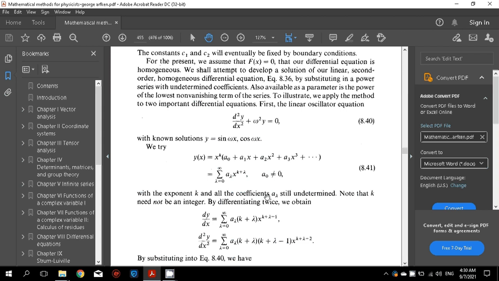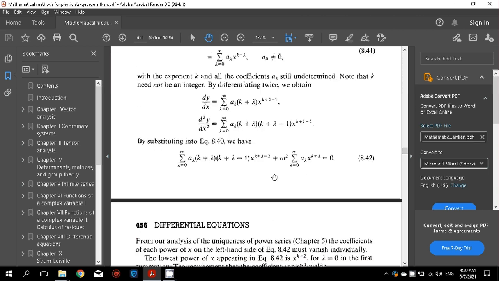As I told you, we have to substitute the value of y dash and y double dash into our differential equation, and when we do this, we end up with equation 8.42. This is the second derivative into x square, and this is the first derivative into x.